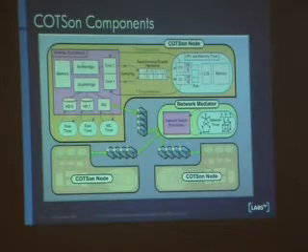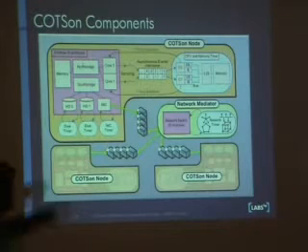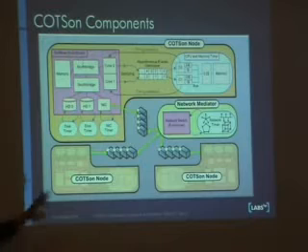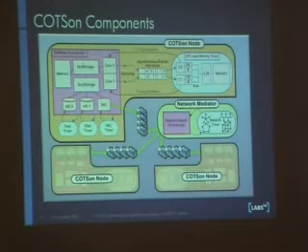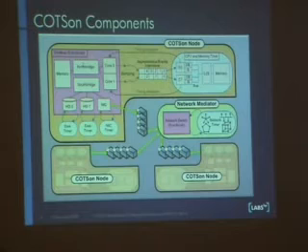This is the main COTSon architecture diagram; it took us a long time to fit everything on one page. COTSon is a cluster architecture. SimNow is basically a one-node functional simulation, and it is this pink thing over here. SimNow, as you've seen, is very complicated, so we tried to simplify it in the image. We interface with SimNow at various different points.